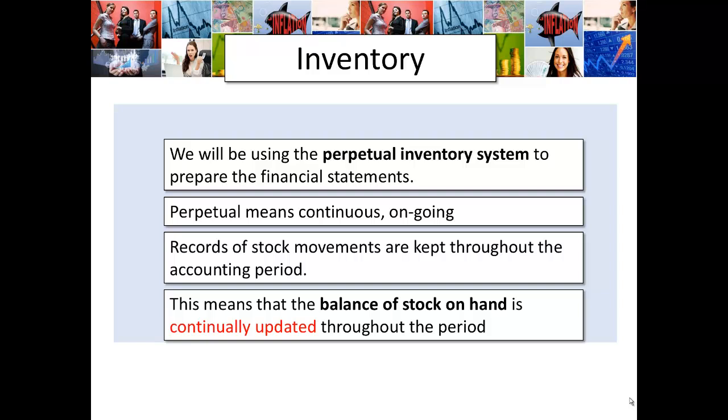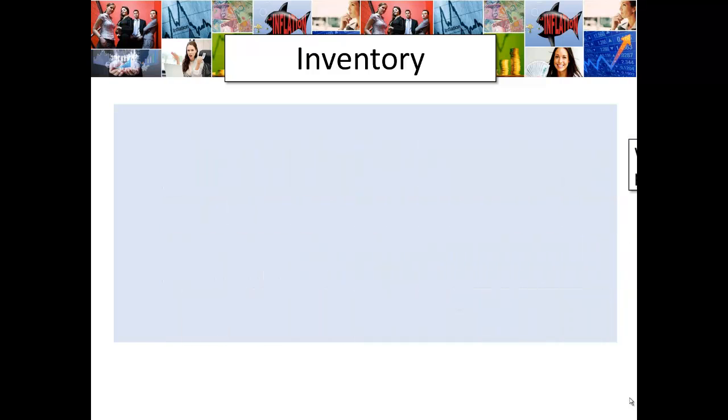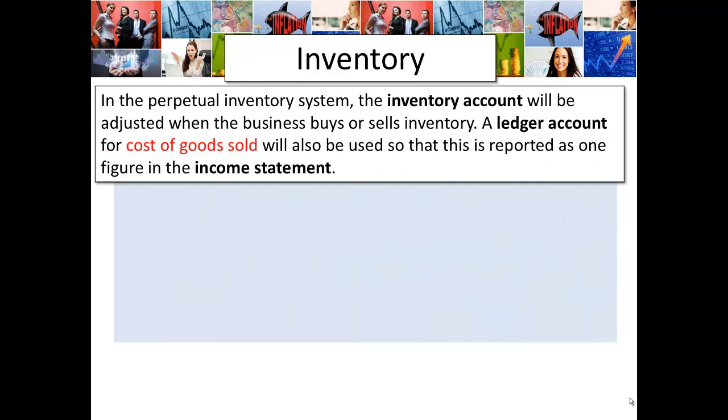New t-shirts come in, inventory is updated. T-shirts are sold, inventory is updated. In the perpetual inventory system, the inventory account is going to be adjusted when the business buys or sells inventory. A ledger account for cost of goods sold is also going to be used, so this is reported as one figure in the income statement.